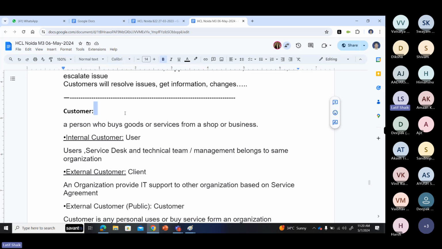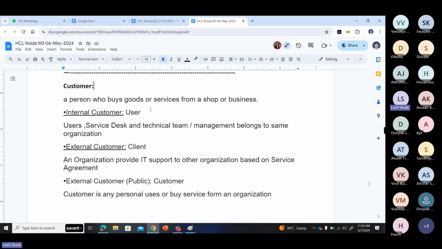What does customer mean? A person who buys goods or services from a shop or a business. It's a common sentence from the Google meanings. When you search for customer, Google will provide some meanings, right? So I have taken: a person who buys goods or a service from a shop.